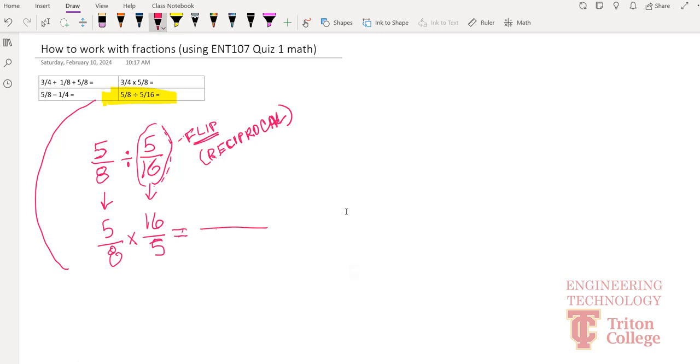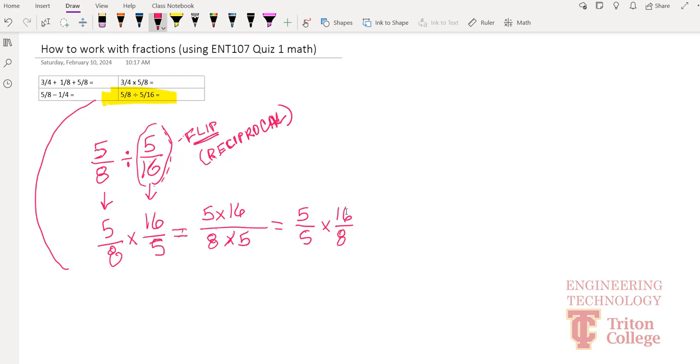Okay. This is the same as saying 5 times 16 divided by 8 times 5. This is what the problem looks like to a math person, which means you can rearrange this thing to 5 over 5 times 16 over 8.